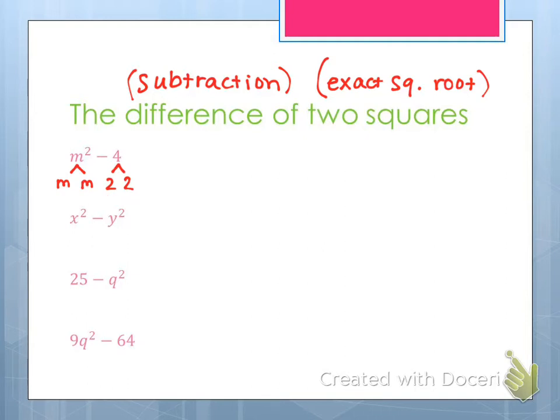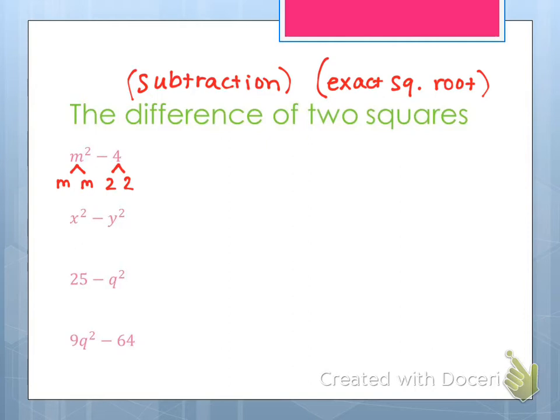So let me ask you this. How many terms did we say it has? 2, right? It's missing that 3rd term, and it's the middle term that it's missing, the B term. The whole point of the difference of 2 squares is for that middle term to go away. So the signs that I'm going to use when I factor it, because here's our answer.